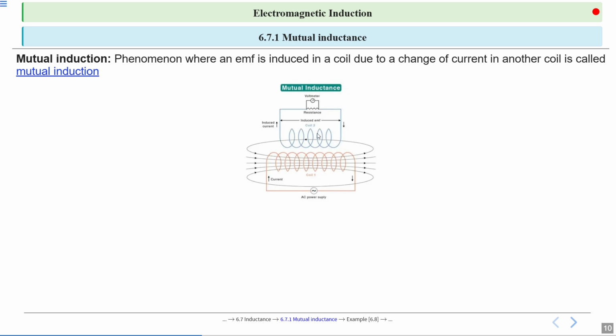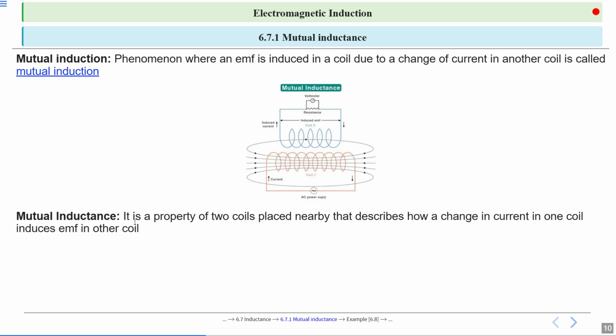So the magnetic flux through coil 2 will also change, and we know that EMF is induced due to change of magnetic flux through a coil. So EMF or current will be induced. This is the direction of the induced current, as shown in the diagram.